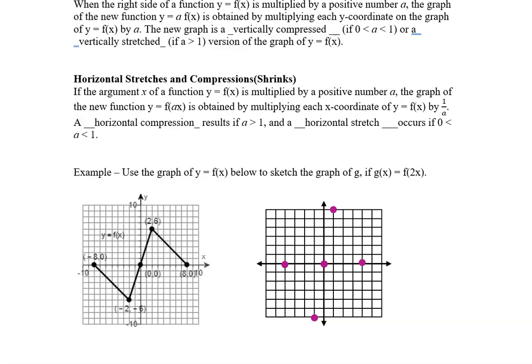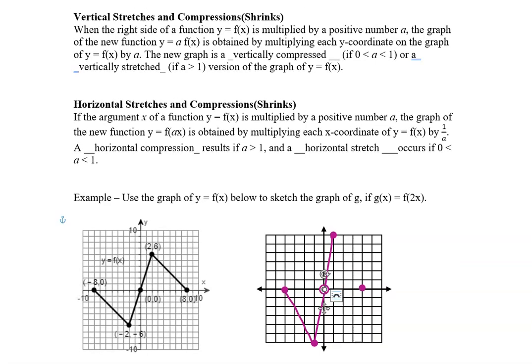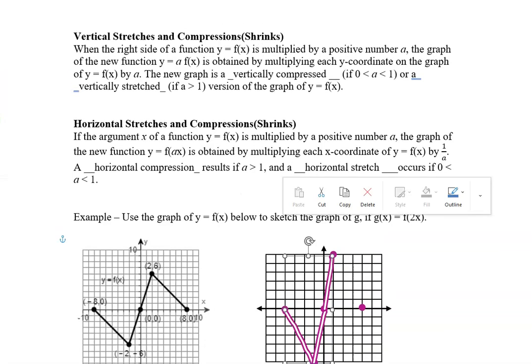horizontal compression. Now, it is worth mentioning that the scale on these two coordinate systems are different, so it may not look as obviously compressed as what it would have if we had been using the same scale.